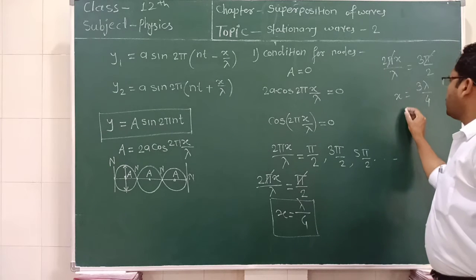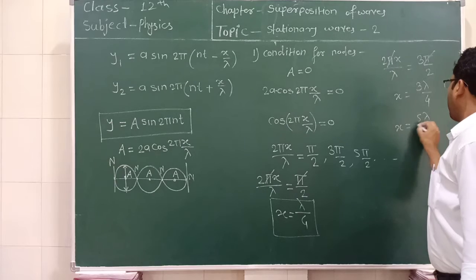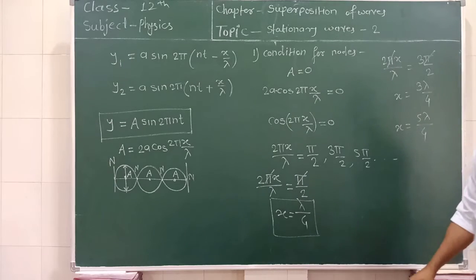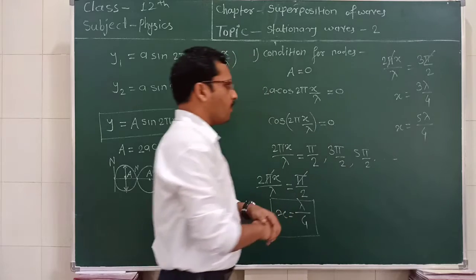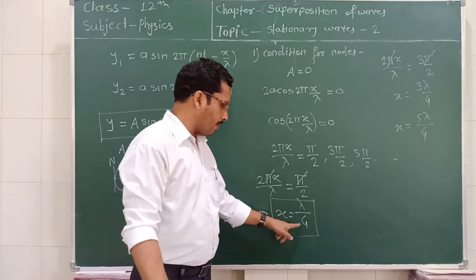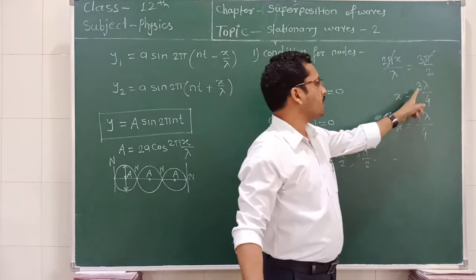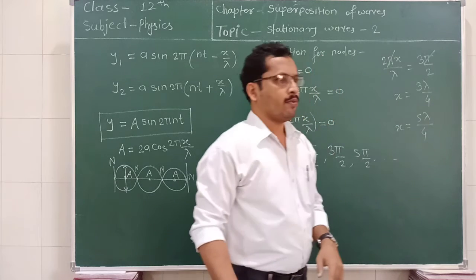Like that, the next will be formed at 5λ/4. In this way, nodes are formed at x equal to λ/4, another at 3λ/4, another at 5λ/4.